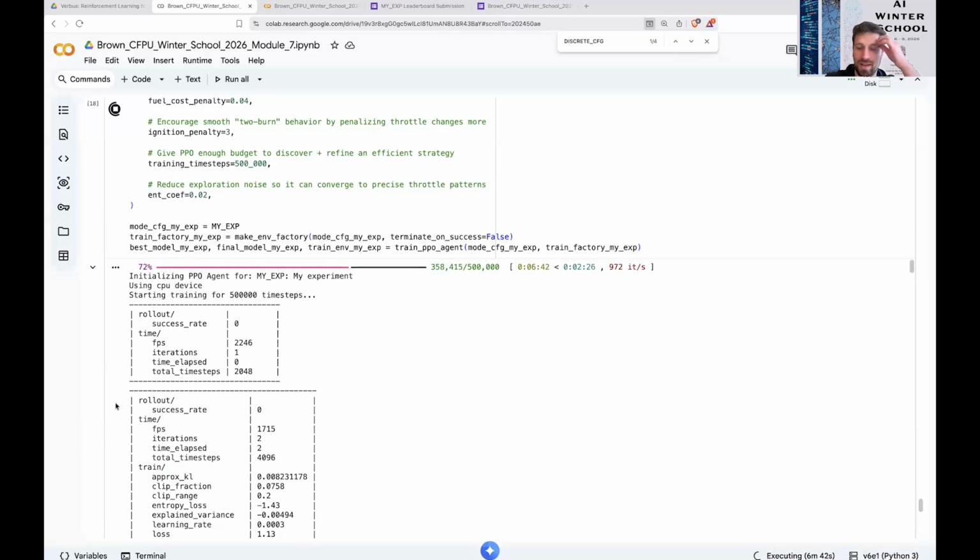So mine is about 70% done. And this iterations per second is CPU dependent really. Just for reference, typically with a CPU notebook in Colab, I was usually getting around 300 to 400 iterations a second.